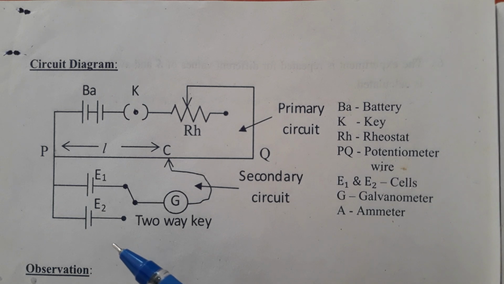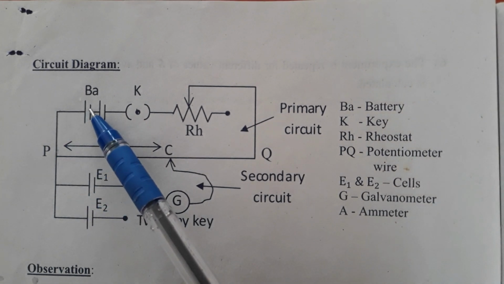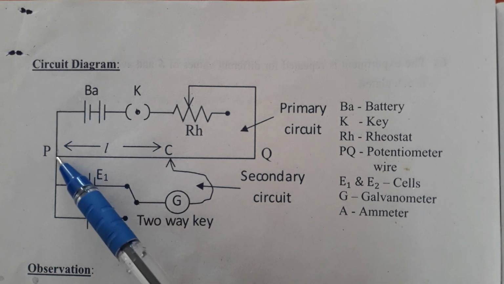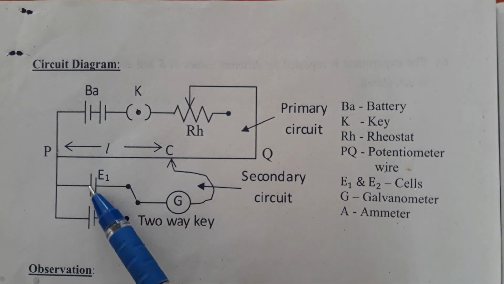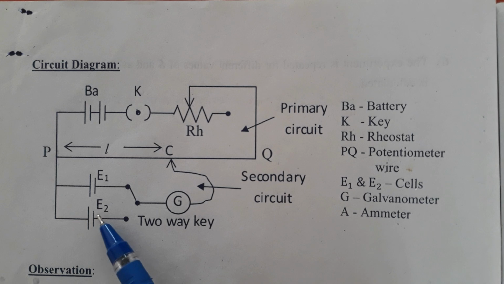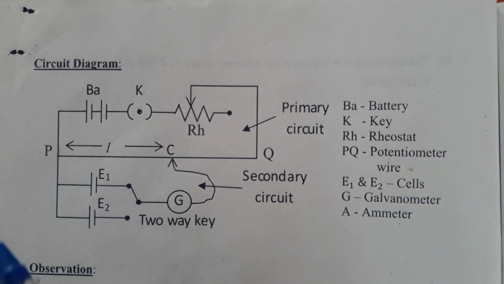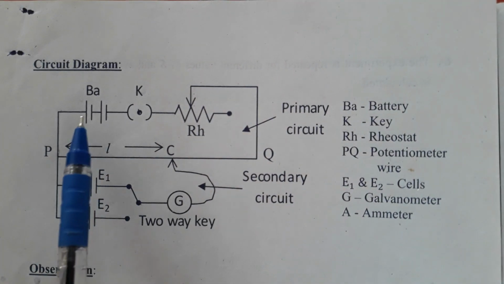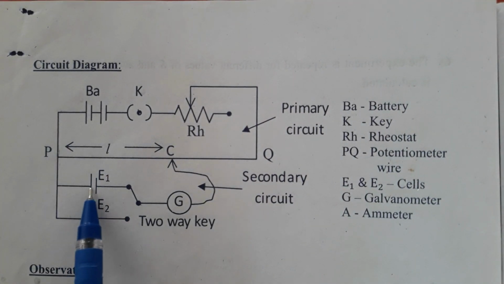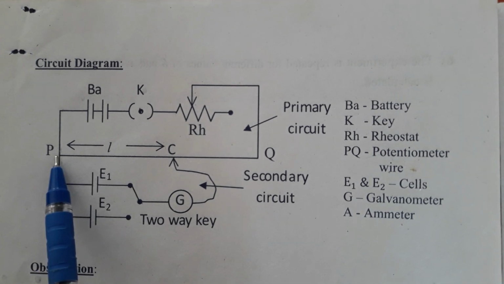Now we are going to know the circuit connection. Battery positive goes to the potentiometer P point. Leclanche cell E1 positive goes to the potentiometer P point. Daniell cell E2 positive goes to the potentiometer P point. Okay. Once again, battery positive, E1 Leclanche cell positive, E2 Daniell cell positive go to the potentiometer P point.